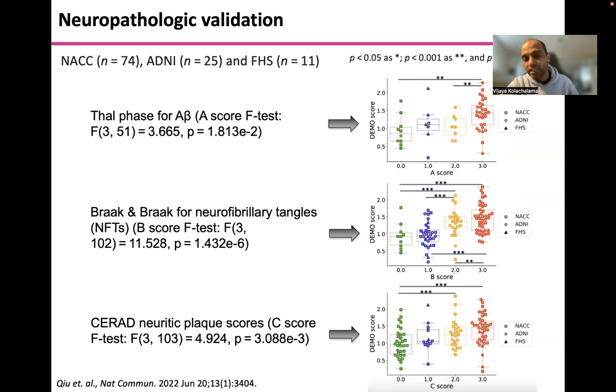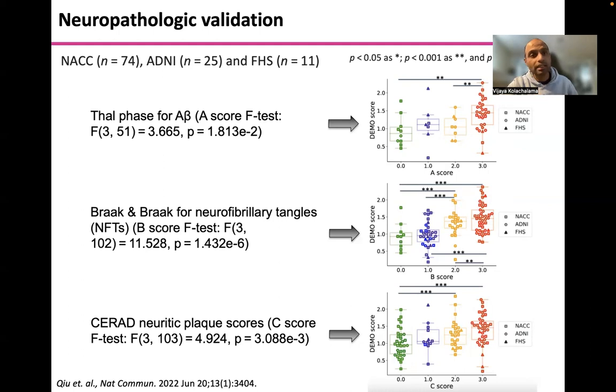So here what you're seeing are these three different plots indicating what pathologists classically do to assess Alzheimer's, which is looking at amyloid beta score or amyloid beta grade of disease. And then the second is Braak and Braak staging, which is about looking at a protein called neurofibrillary tangles. And the third one is the CERAD score, which is again a very commonly used way to assess the disease in the brain.